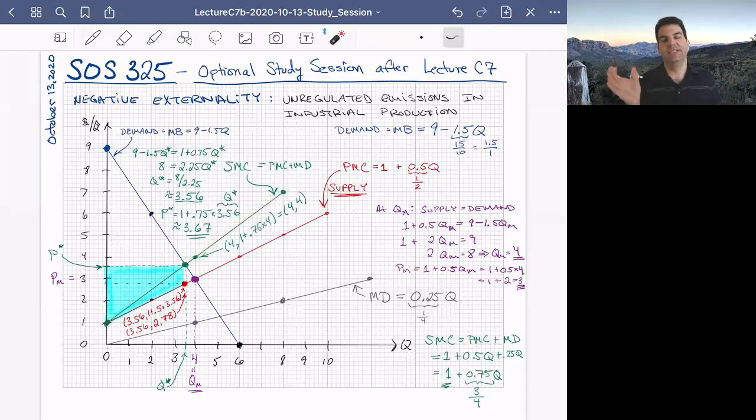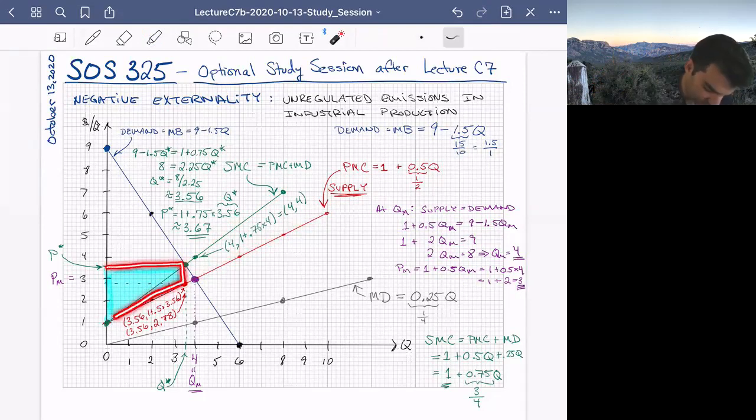I forced them to pay additional cost, but the actual cost they feel for the good is down here, and that's why the producer surplus is this trapezoid shape. I can calculate the producer surplus either by adding up the area of this rectangle plus the area of this triangle, or I can be a little bit fancy and use the area of a trapezoid.